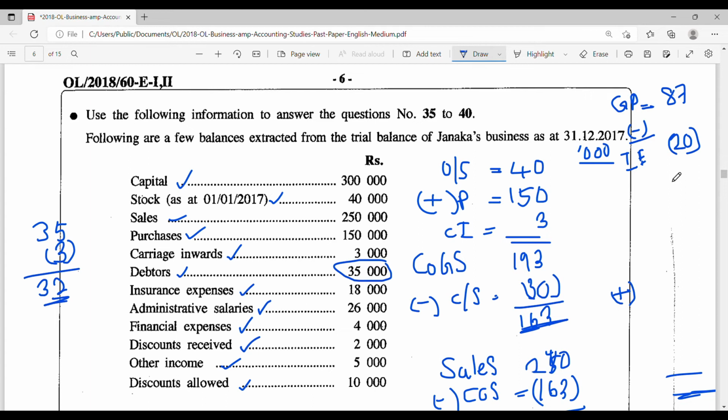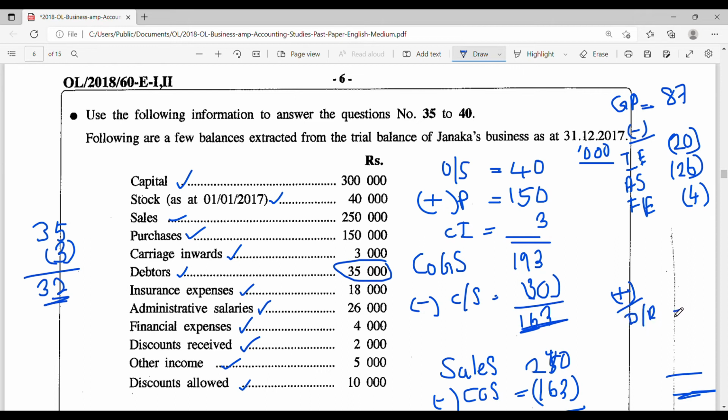Administrative salary is 26,000, no further information, so we'll take it as it is. Financial expenses are 4,000. Again they don't say anything else on that, so we take that as the final expense. Discount received is 2,000. That's an income which you need to add.